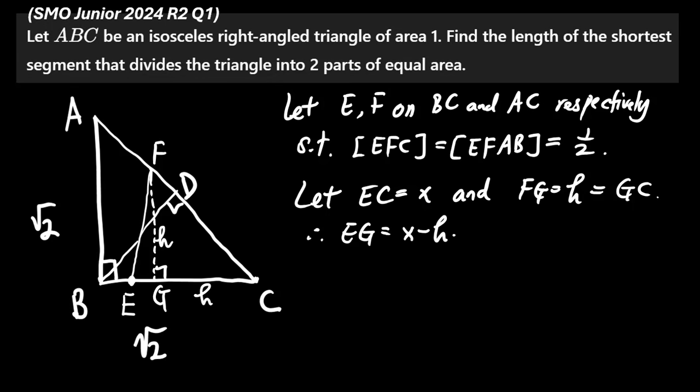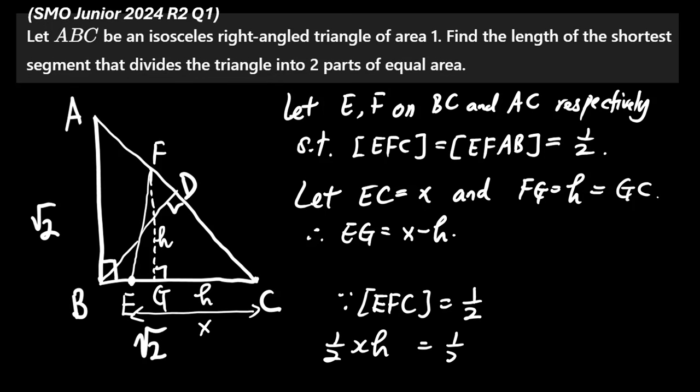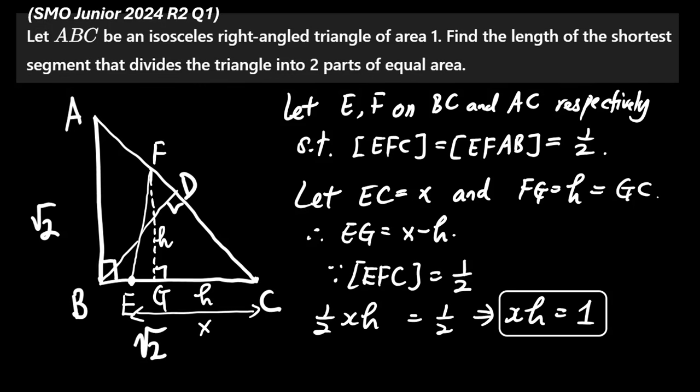Then EG is X minus H. So the area of triangle EFC is 1/2 times X minus H times H, which is equal to 1/2. This gives us X times H equals 1. Now apply the Pythagorean theorem: EF squared equals (X minus H) squared plus H squared.